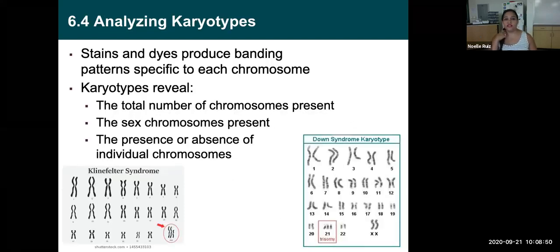Analyzing karyotypes. Stains and dyes produce banding patterns specific to each chromosome. Like I said, you cut them out of the splat, you match them, you put them together in a chart, and then you can see the number of chromosomes present, the sex chromosomes, whether it's a boy or a girl, and the presence or absence of individual chromosomes.